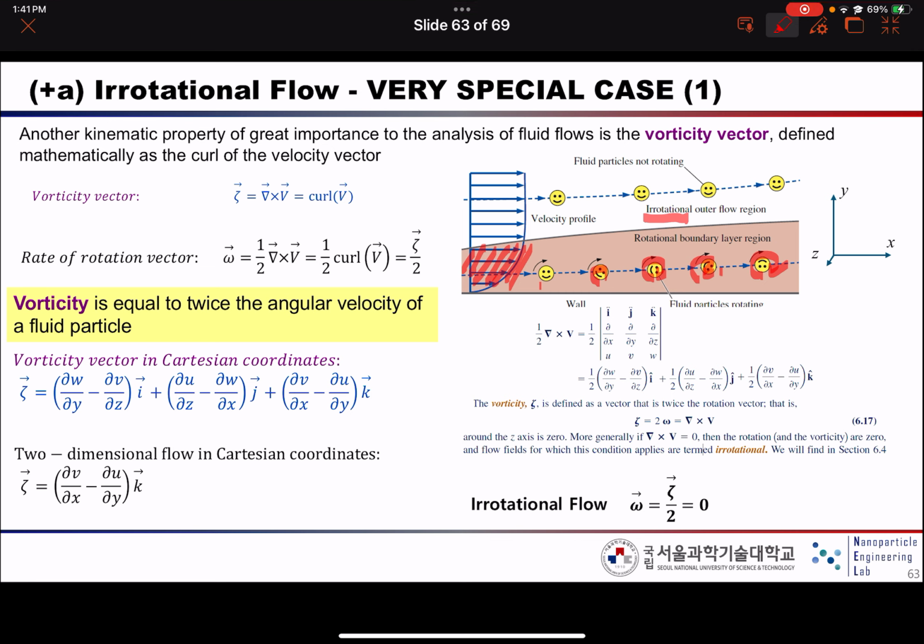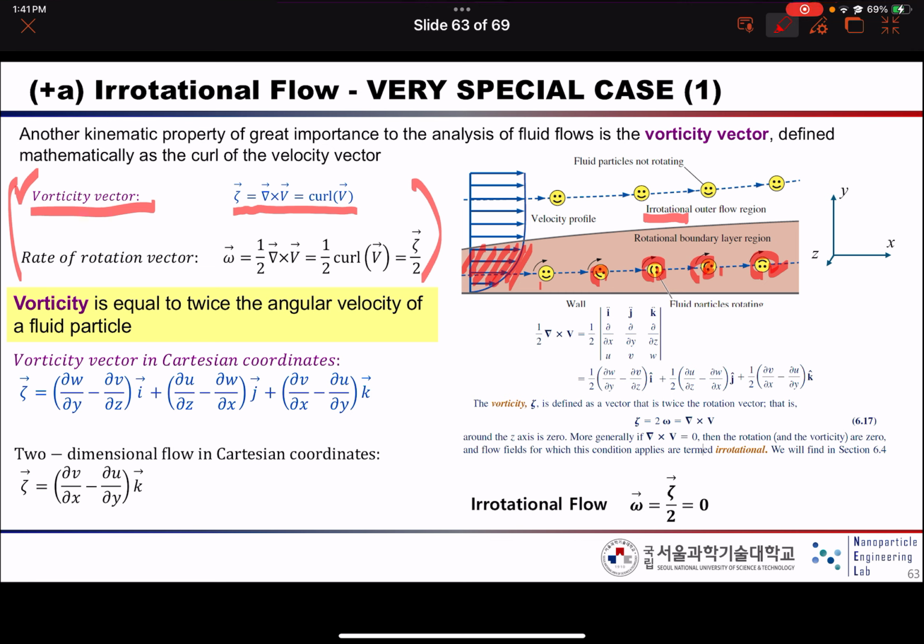This kind of concept in fluid mechanics we quantify with the vorticity concept. Vorticity we can quantify using the curl of the v vector. If you do not understand, for now you can just ignore this concept, okay?